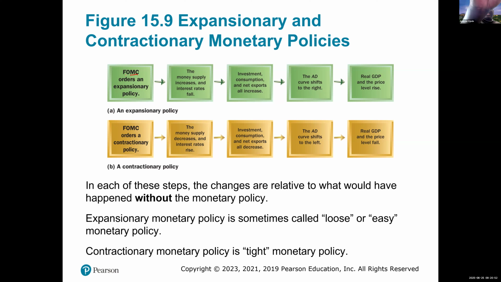So this FOMC consists of 12 members, and they meet almost every month and a half, about 8 times a year, to decide whether or not to increase or decrease interest rates through bond purchase or bond sale. It's one of the most powerful bodies of the Federal Reserve System. They're the ones who determine interest rates.